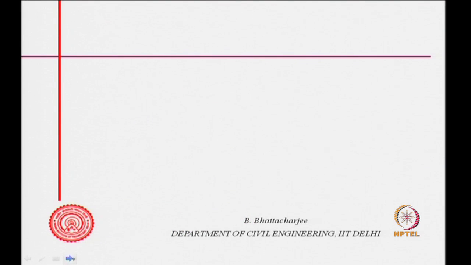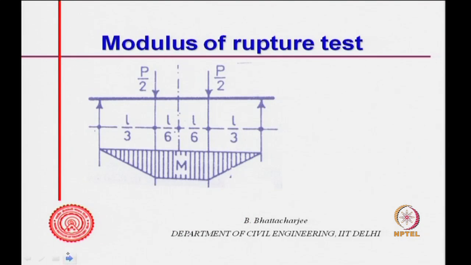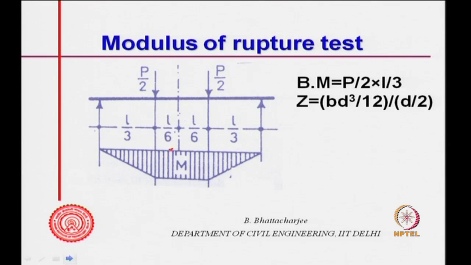So, what will happen? I will have a bending moment diagram of this form, P by 2 here, L by 3, of course, this from the center L by 6 and 3 by L. So, your bending moment here is L by 3 into P by 2, which is equal to PL by 6.